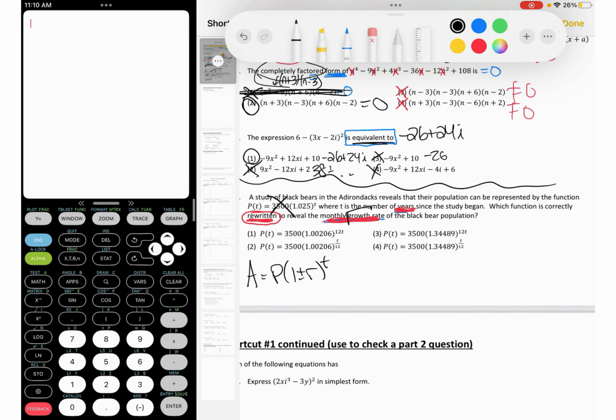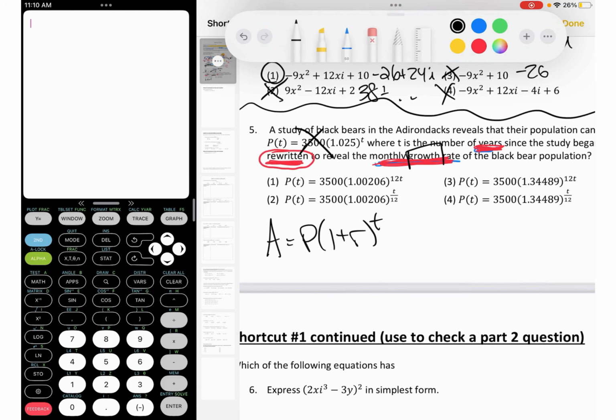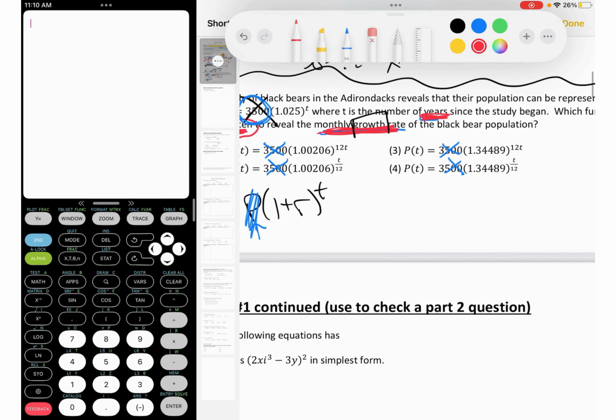It did, growth rate right here. So because it's the growth formula, we don't need this minus at all. But what I want you to focus on is the different parts of it. If you remember this beginning letter, even if your teacher uses different letters, that beginning letter is the starting amount. If we're starting with 3,500 black bears, of course, we're still going to be starting with 3,500 black bears in all of these equations. So that number is totally irrelevant to this problem.